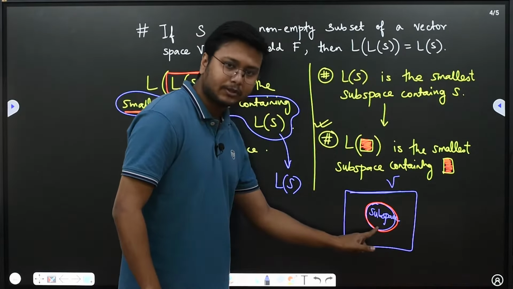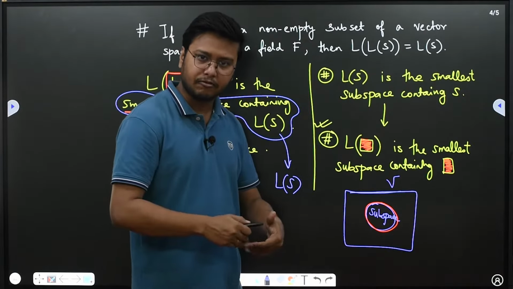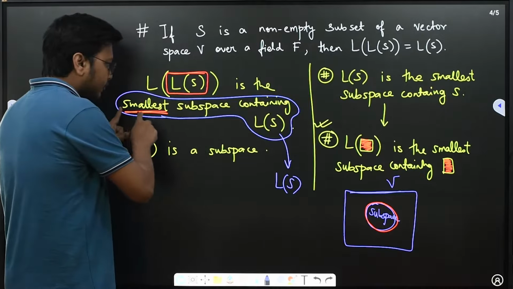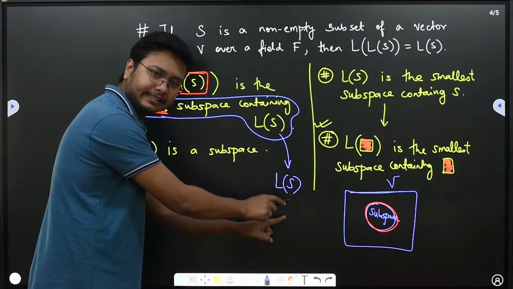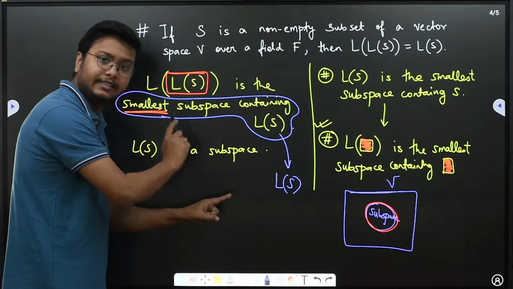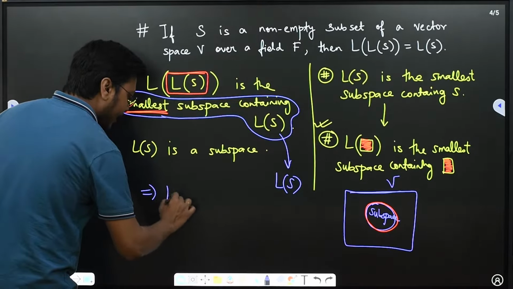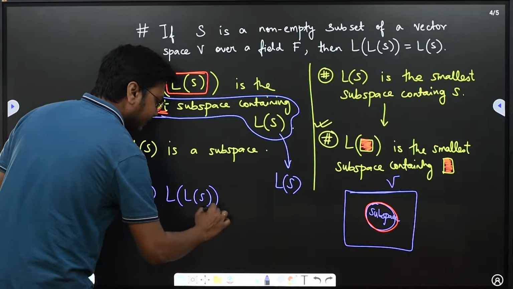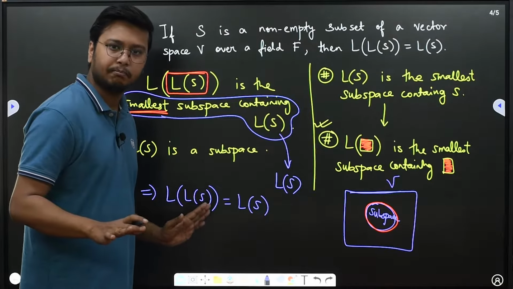The smallest subspace containing this subspace is the subspace itself, right? So therefore the smallest subspace containing L(S) is the set L(S) itself, because L(S) is a subspace. So that means L(L(S)) is nothing but L(S). Okay, so that's a simple logic.